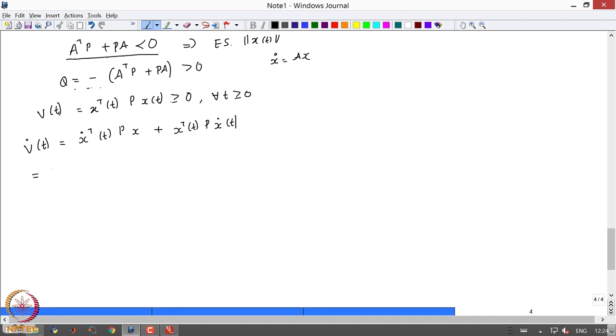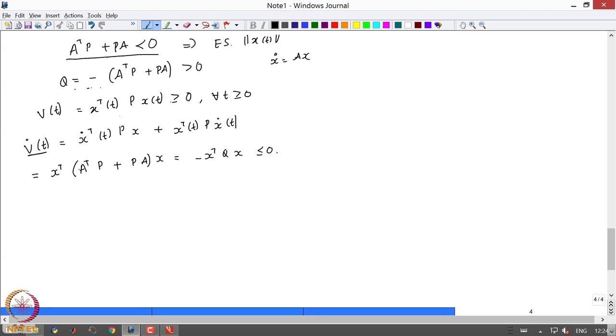So what I get here is x transpose A transpose P plus P A x. What is this? Minus x transpose Q x, and this is less than or equal to 0. Okay. So this is what I have now.